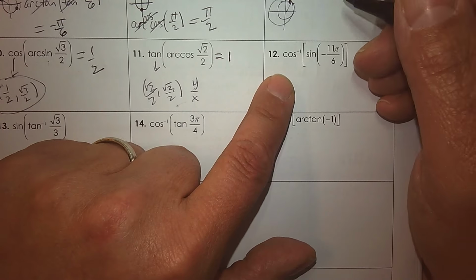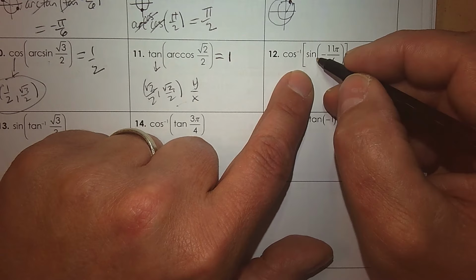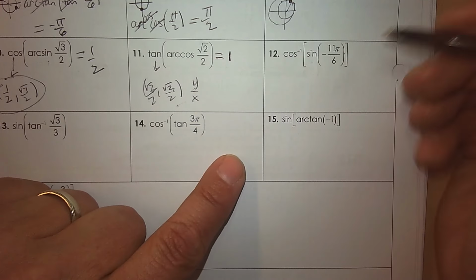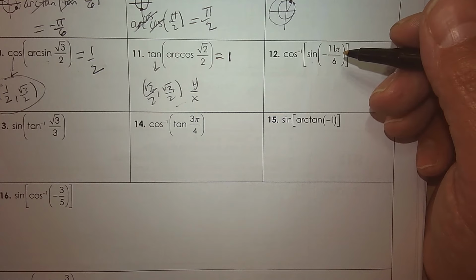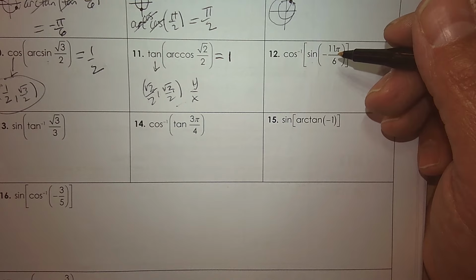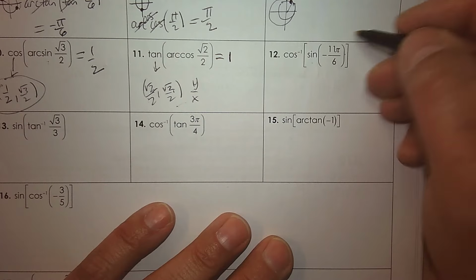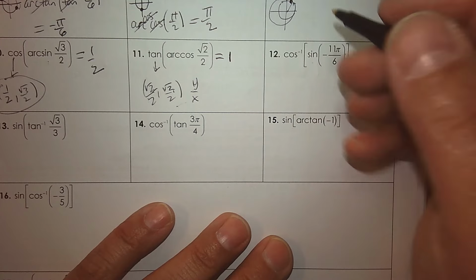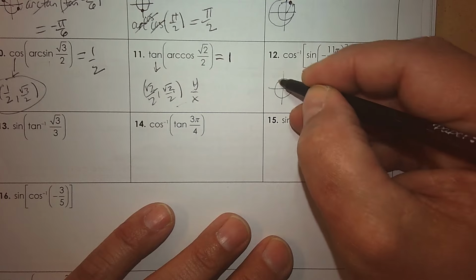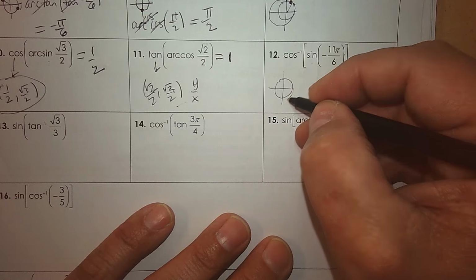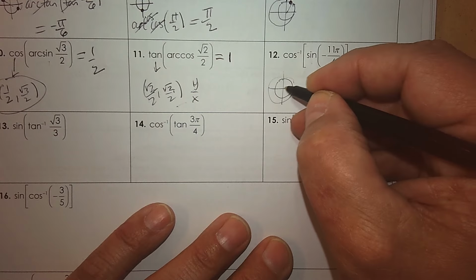12. Now we flipped it around. So sine of negative 11 pi over 6. So I need to find what that value or where that point is on the unit circle. So negative 11 pi over 6. So that's all the way around, right? Going clockwise almost all the way around the full circle.